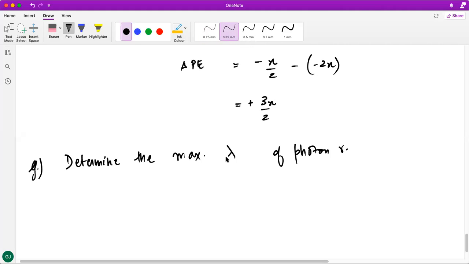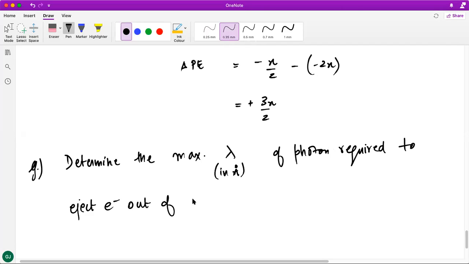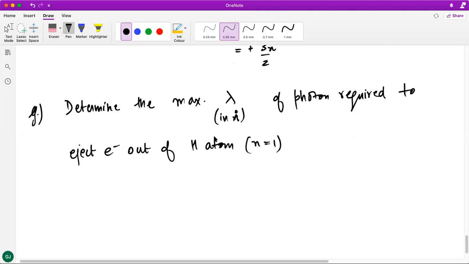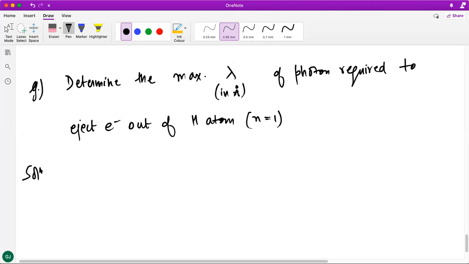Determine the maximum wavelength of photon required to eject electron out of hydrogen atom. फटाफट निकाल के बताओ.